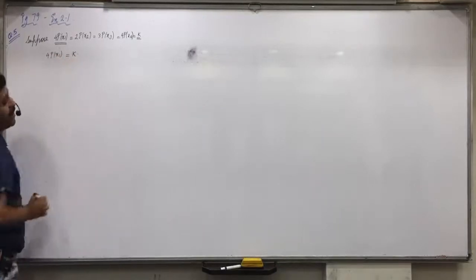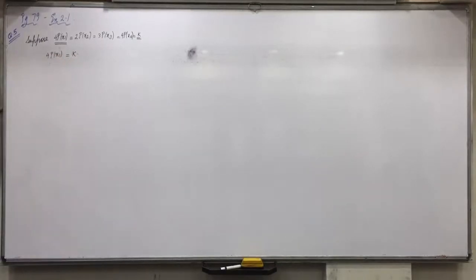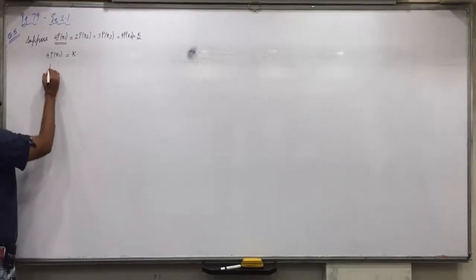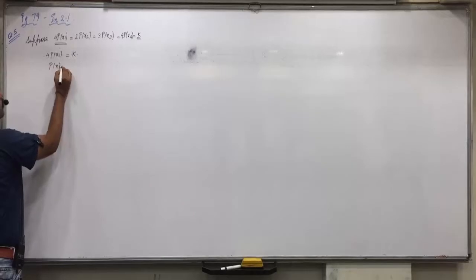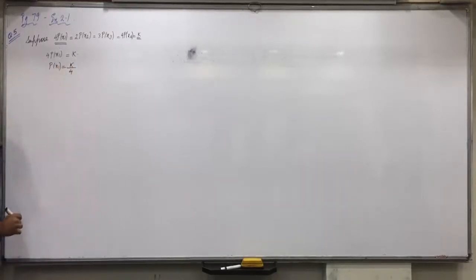First of all, individually, all of them we will have to equate with k. So write down 4p(x1) equals k. So what will be p(x1)? k by 4. Any doubt with this?